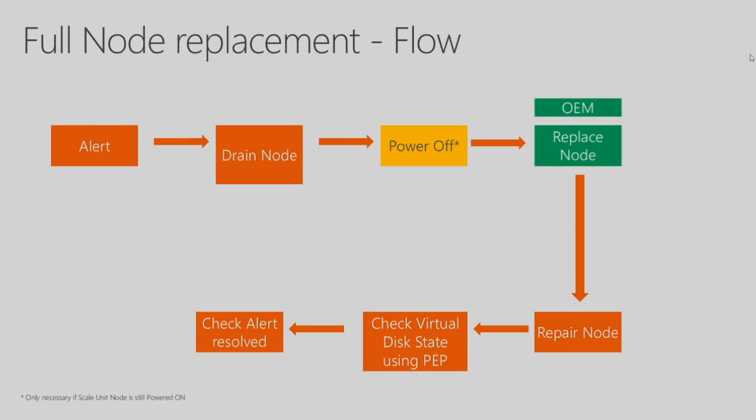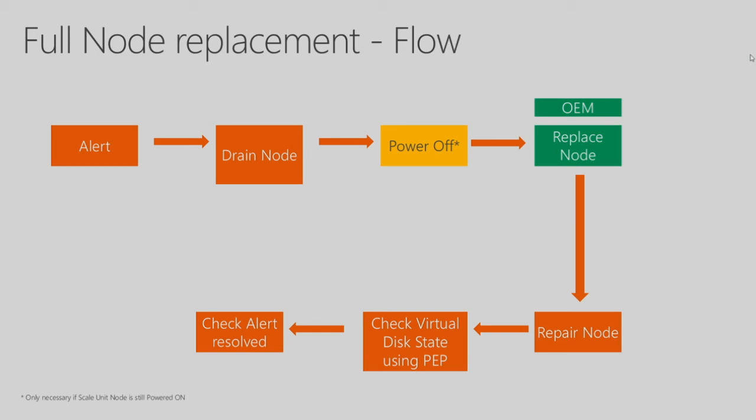So you start by draining the node, making sure that all active workloads are moved away. You power off the node if it's not already totally broken. That's why you see that box being yellow. And then you have your hardware partner coming in, replacing the entire node. Then it's the Azure Stack operator's responsibility to execute the repair action.